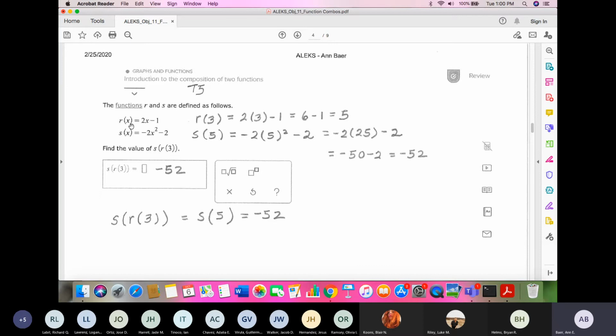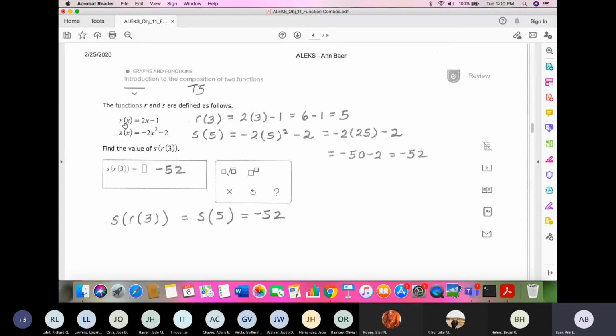R of x, in other words, the y value of the R function at a particular x value, is given by 2x minus 1. S of x is given by -2 times x squared minus 2. Find the value of S of R of 3. That's usually how it's read.